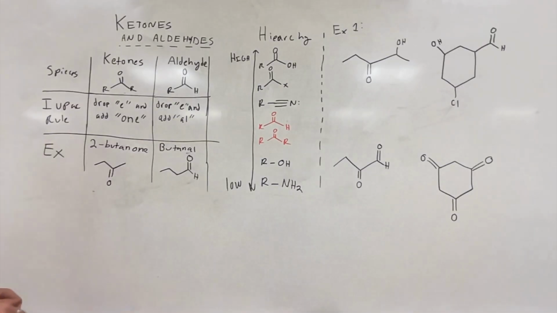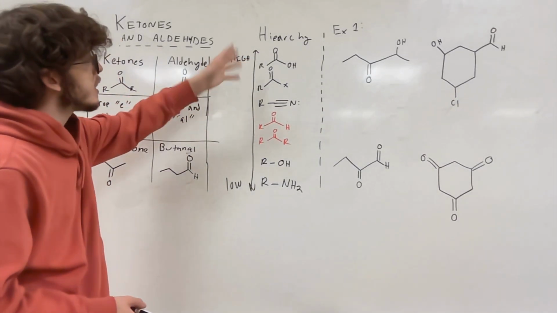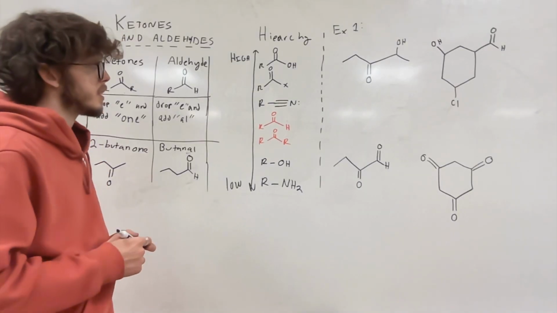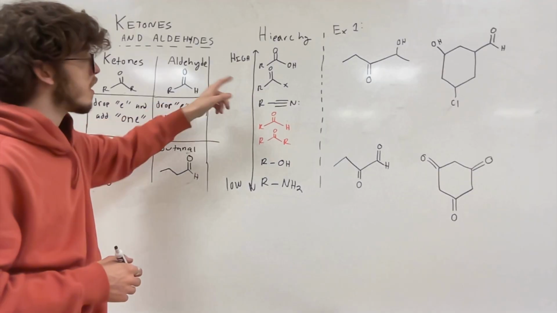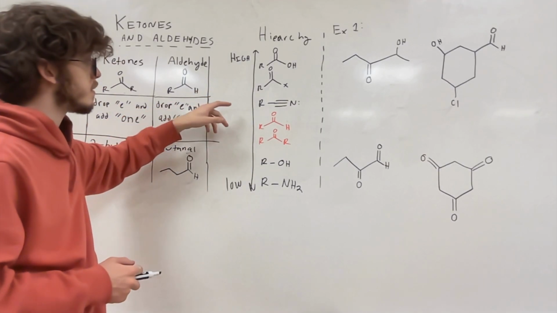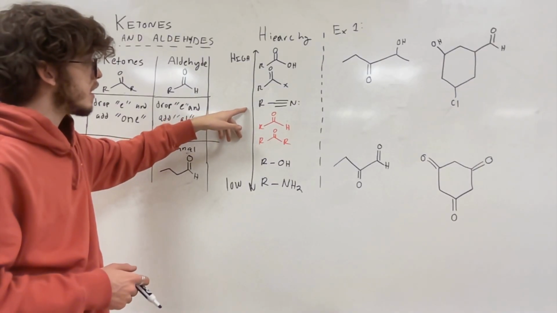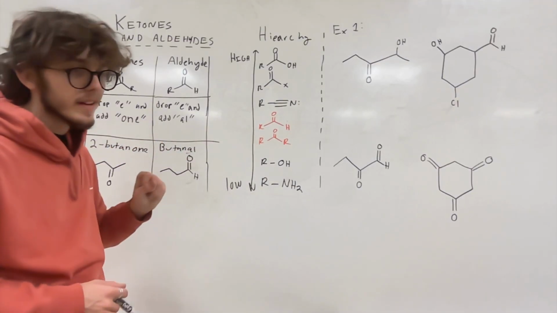So now that we know how to name ketones and aldehydes, let's go through some priority, because priority in naming is quite important. The highest priority functional group we know to be a carboxylic acid. I have some other examples like an acid halide, and then we have a nitrile. Below nitriles are aldehydes and then ketones.